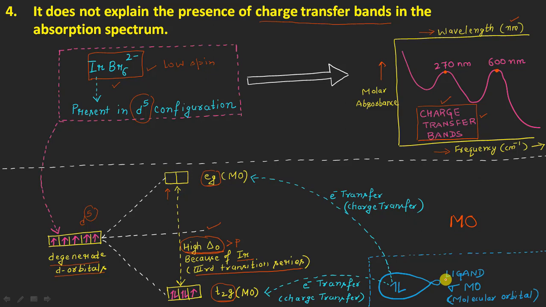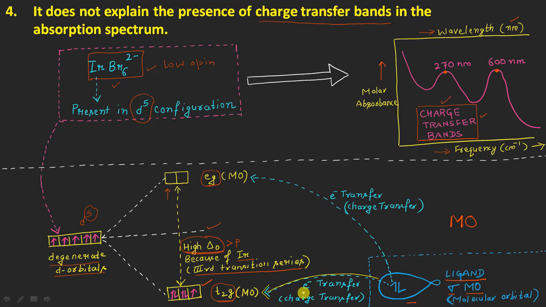Let us say on this side we have a filled orbital of the ligand, which is actually a sigma type of molecular orbital. Now what happens is that you can see here a single hole is present in this case. So the electrons can be transferred from this filled sigma molecular orbital of the ligand, and in this way the transfer will take place.